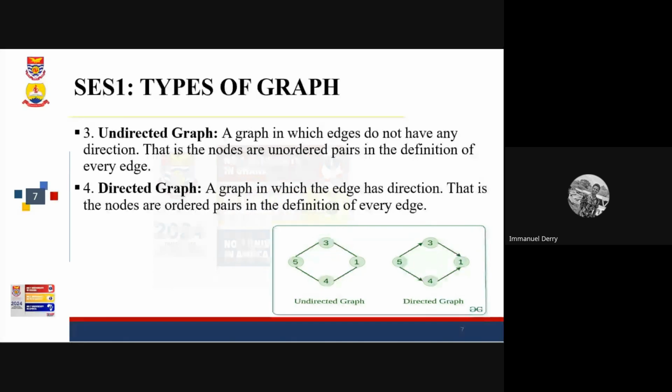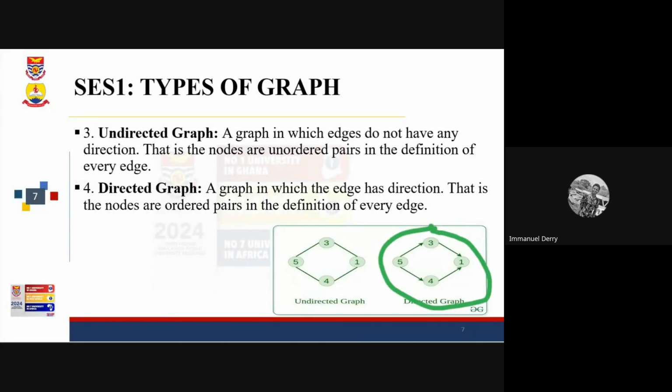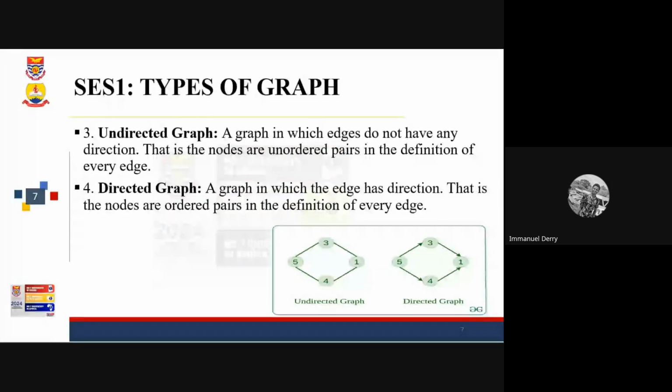On the other hand, if you look at the second graph here, from 5 to 3, the edge has a direction, which means that we cannot do the opposite, that we can't move from 3 to 5. So the only directions that we can move are 5 to 3, 5 to 4, 4 to 1, and 3 to 1.